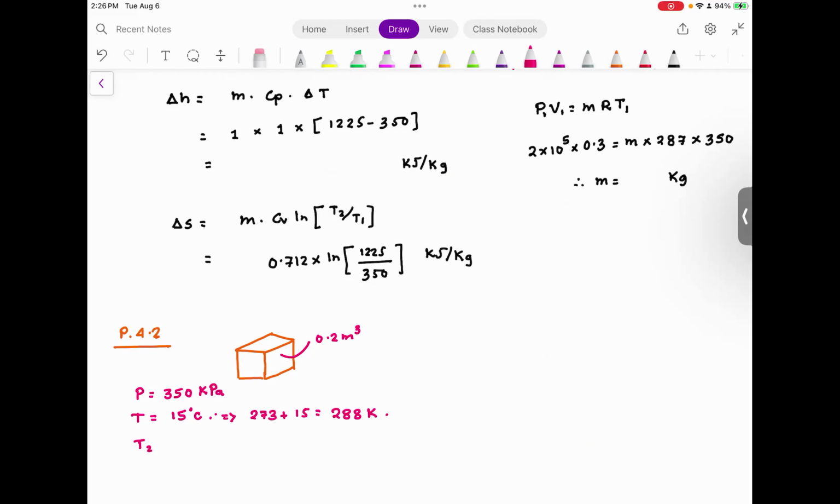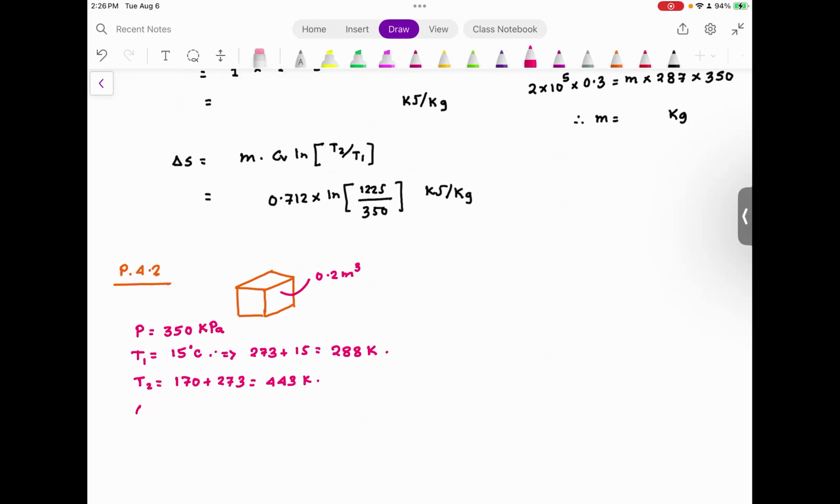So T1 is 288, T2 is 170 plus 273, which is equal to 443 Kelvin. Which results in 50 kilojoules of heat. So Q is equal to 50 kilojoules transferred.